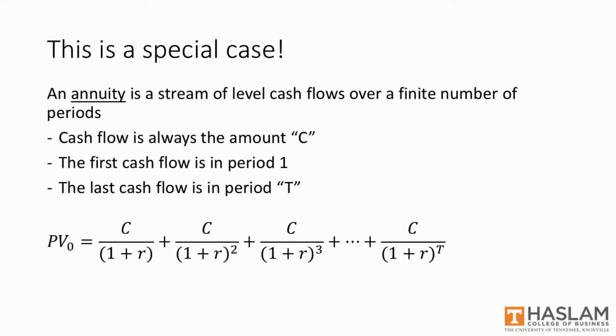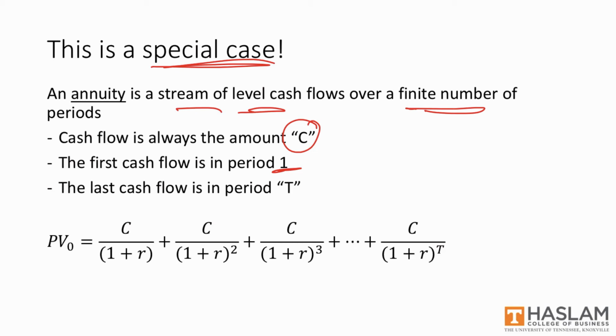So once again, we need to make sure we're clear on some definitions for this special case. First, the annuity, as I've already said, is a stream of level cash flows over a finite number of periods. And so level cash flows means all the cash flows are the same, and we will call the cash flow amount C. And the first cash flow must occur in period 1, and it does, of course, in the example that we were looking at.